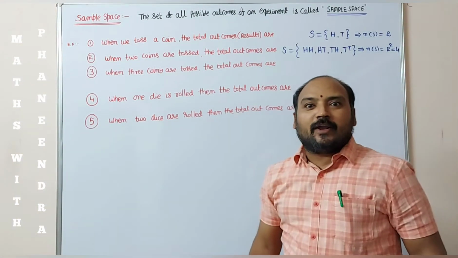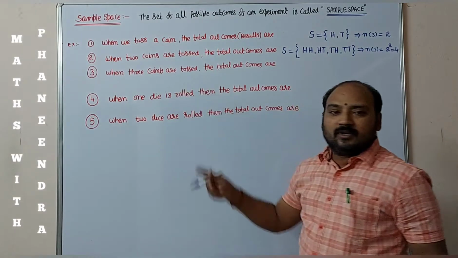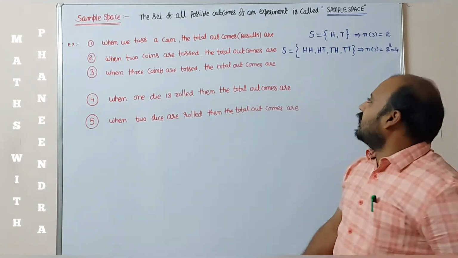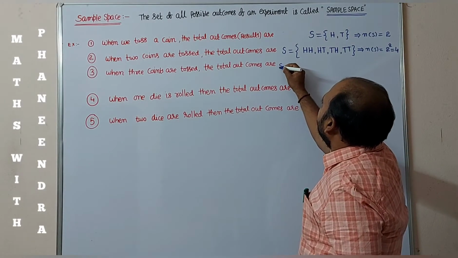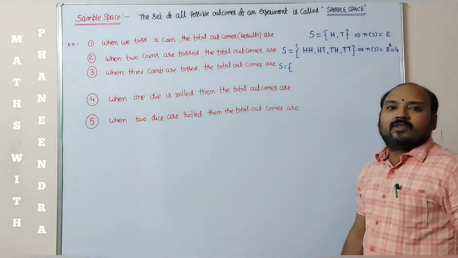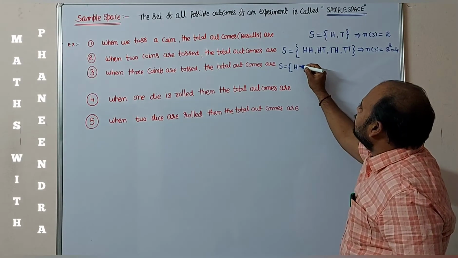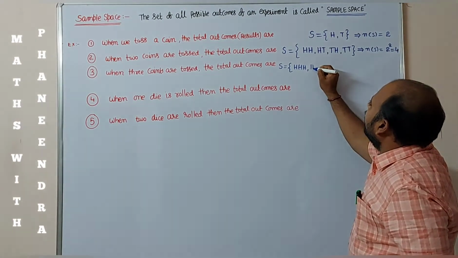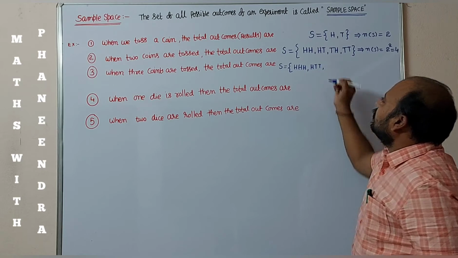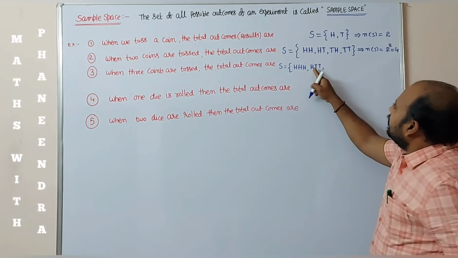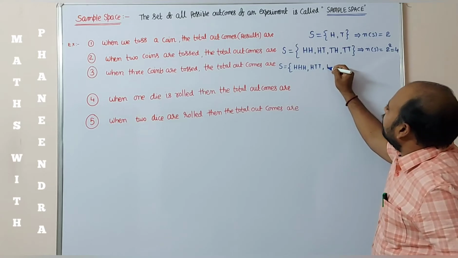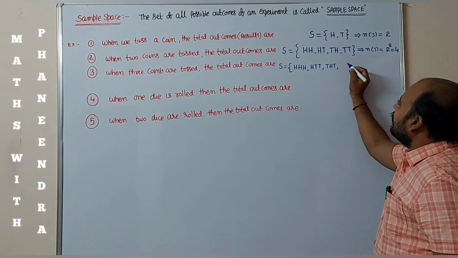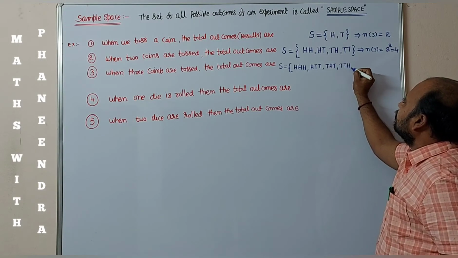If we toss a coin 3 times, like this, 3 coins, these are the possibilities we are getting. S is equal to: first one, all heads, HHH. Second one, HTT. Next, this H will come in the second place, THT. Next, this H will become last, TTH.